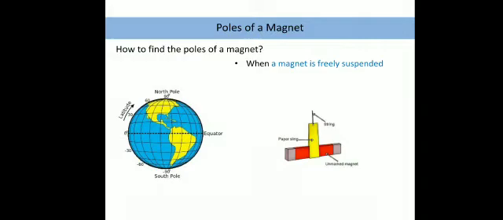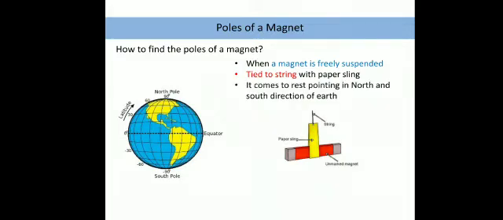After the magnet tied to the string comes to rest, we know that the Earth has a north pole and a south pole. So when a magnet comes to rest, one side of the magnet points to the north pole, and the other side points towards the south pole. It points in the north-south direction.